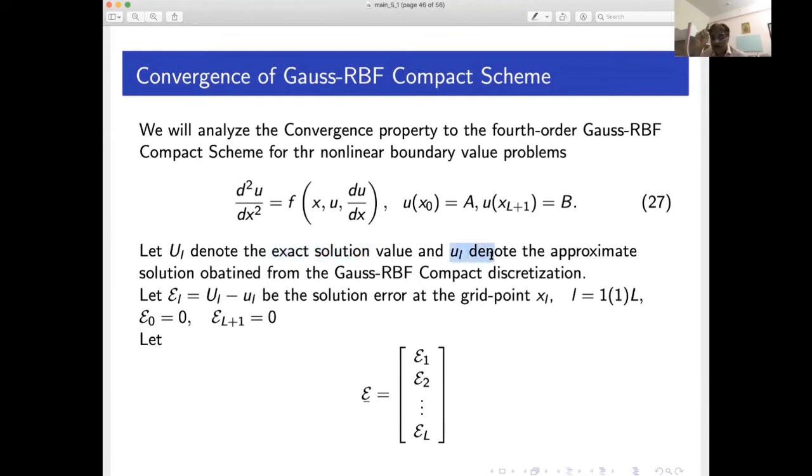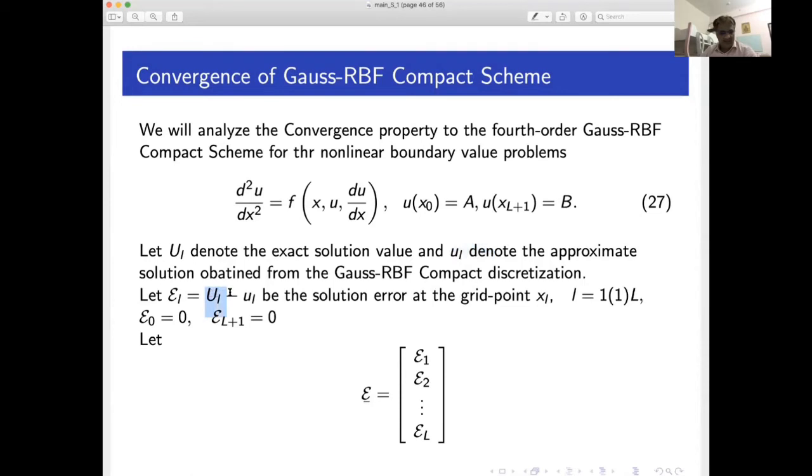The numerical value that we obtain from the scheme will give you the approximate solution. But the solution that the main differential equation itself gives you, that is the exact solution, right? So that solution I am denoting by U_l, and here it is lowercase u_l.